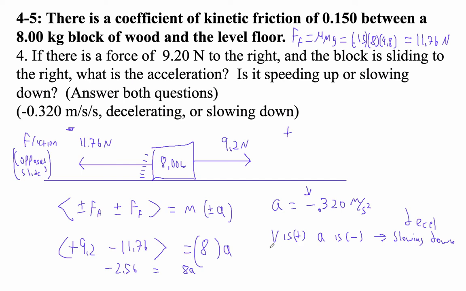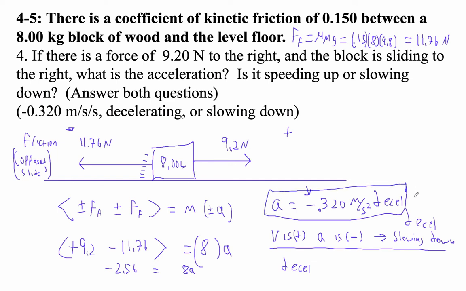The other way to do it is to look at the forces. Notice it's sliding to the right, but the force to the right is smaller than the force to the left, so therefore it's slowing down. It's decelerating. So we would say decelerating.